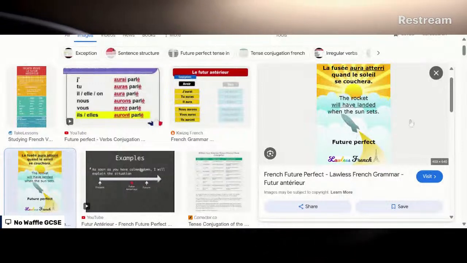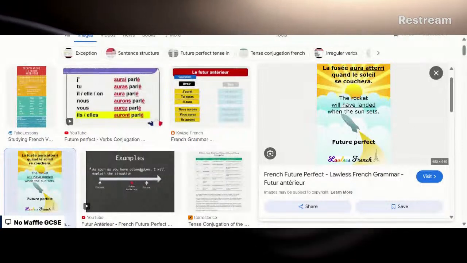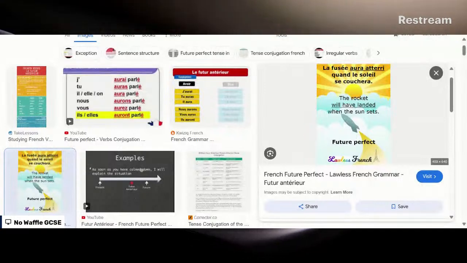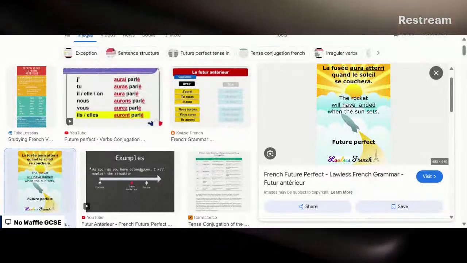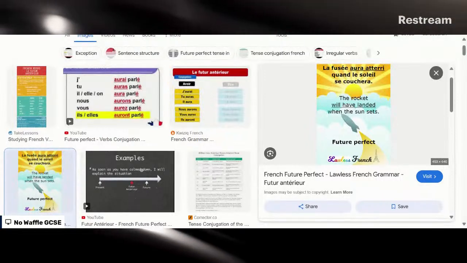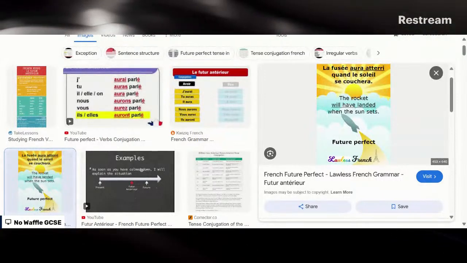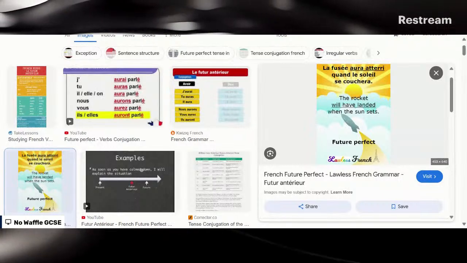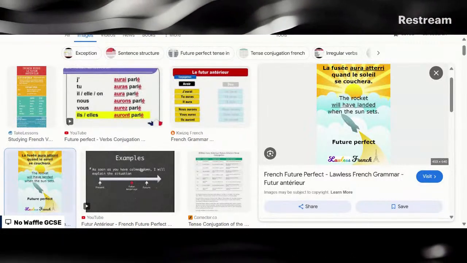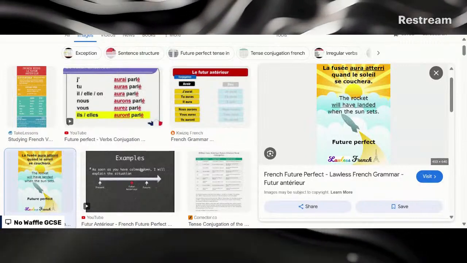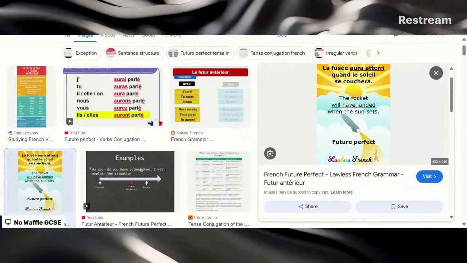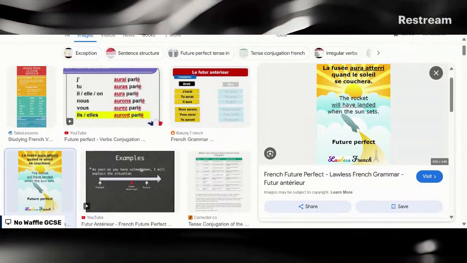So you're talking about what you will have done in the future. So la fusée aura atterri quand le soleil se couchera. So that's a complex example, but it's saying that the rocket will have landed. By the time you are 14, you will have learned how to play the piano or something like that. So you're talking about what you will have done. So it's future anterior, that's another tense. But again, it's not necessarily part of the GCSE specification, so you're not required to know it, but you would get credited as an extra tense if you do put it in.